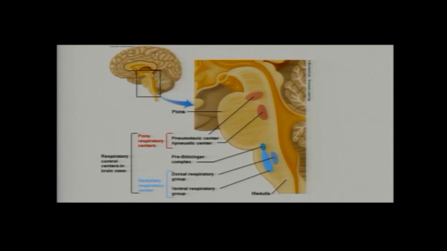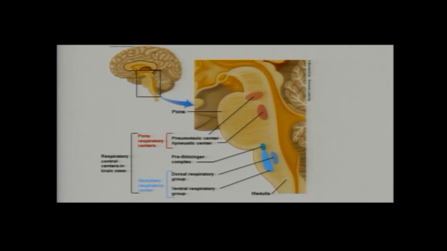Now, the dorsal respiratory group directly controls the muscles involved in restful breathing. And what are those muscles? Diaphragm, external intercostal muscles, and that's it.